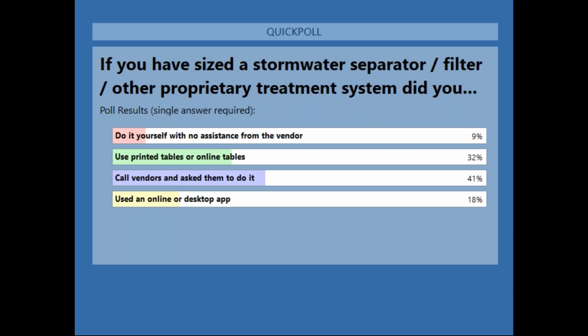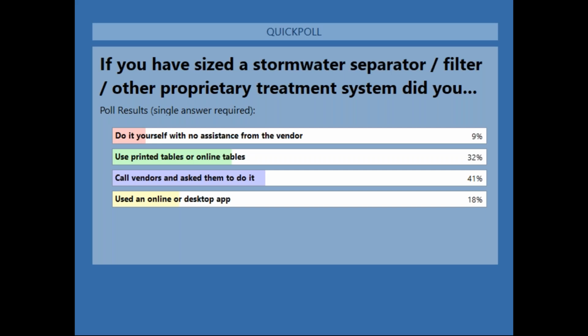Most of you will call vendors, or you'll do it yourself, or use printed tables. Printed tables are fairly simple. Calling the vendors is also really simple. It transfers a lot of the work to the vendor, and that's what we're here for, so we don't mind that. We do that every day.